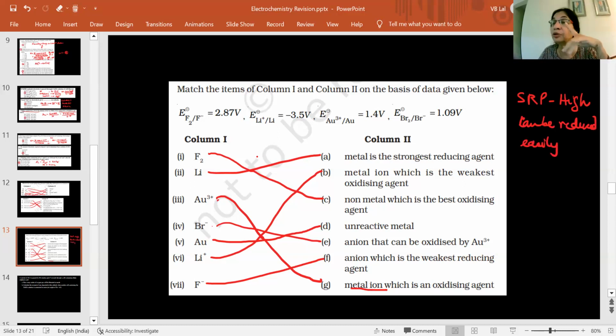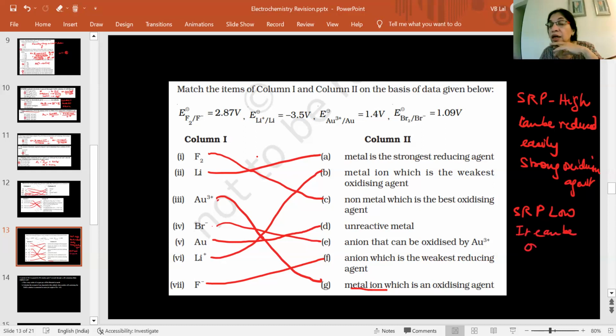If it can be reduced easily, it is a strong oxidizing agent, right? And if SRP is low, then it can be oxidized easily.